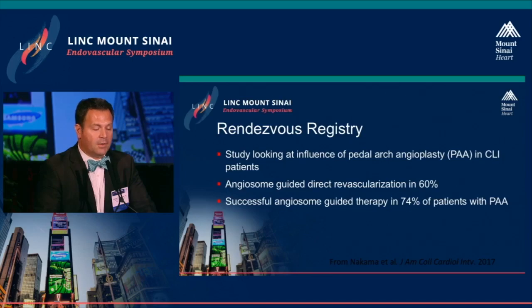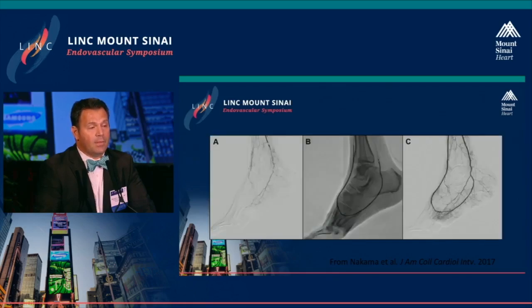So what about the pedal arch? The Rendezvous Registry looked at people who had pedal arch angioplasty. In CLI, you see that angiosome-guided therapy was achievable in 60% overall. In those who had pedal arch angioplasty, they also had successful angiosome-guided therapy 74% of the time.